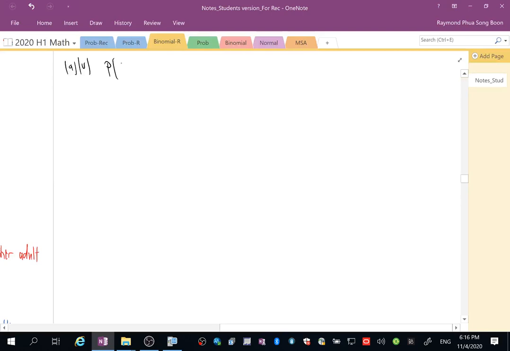Okay, so we want to find the probability there are at most 4 who will be ambidextrous, given that there are more than one ambidextrous adult. So given that X is more than 1. So probability X less than or equals to 4, given that X is more than 1.